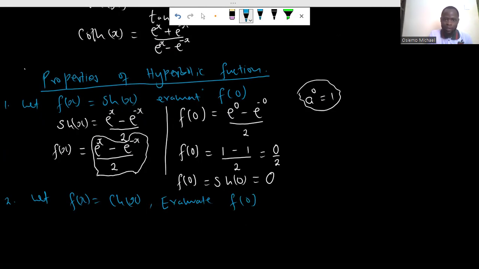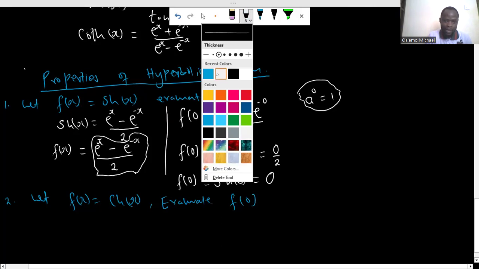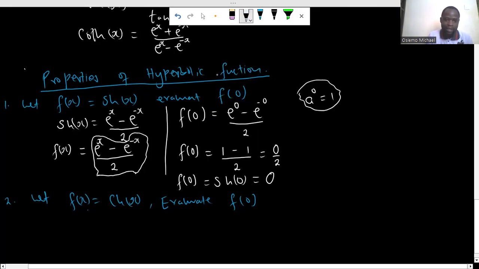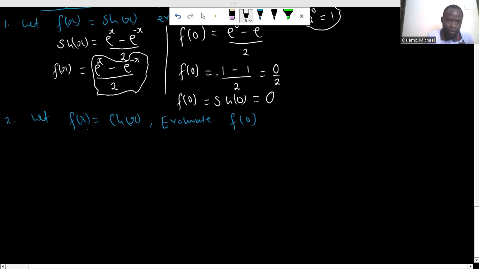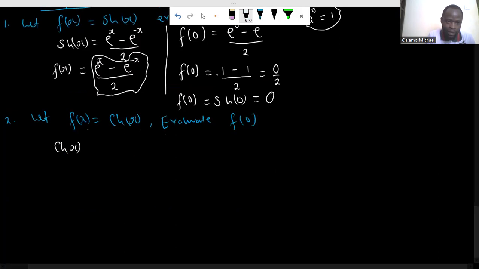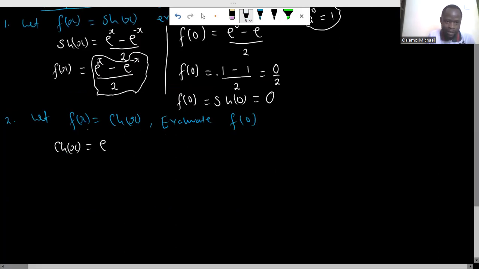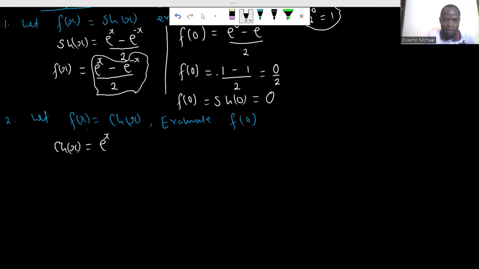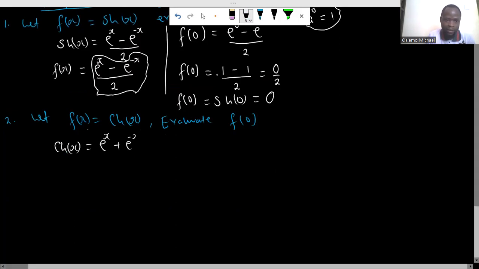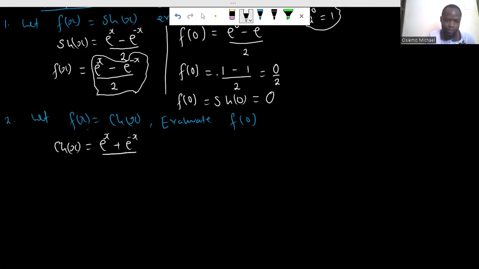So how do we do this? We follow the same steps. You start by defining the cosh of x. How do we define the cosh of x? We have said cosh of x is equal to exponential x plus exponential negative x over 2.